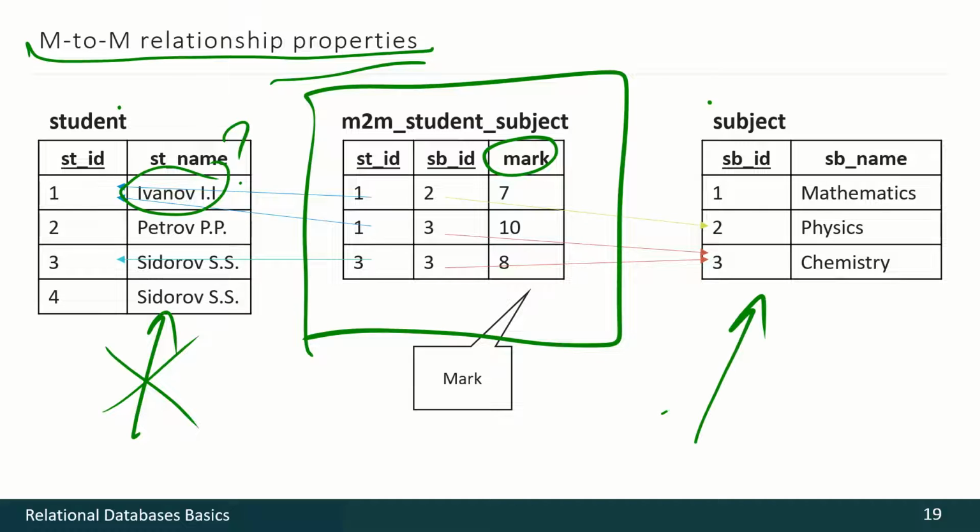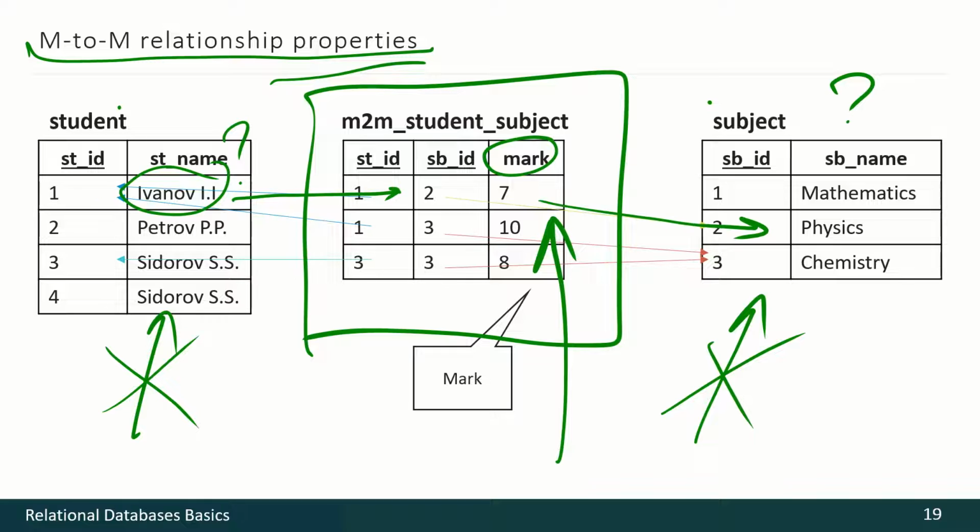We cannot put it here, because otherwise it would be some kind of a mark for the subject in general. But we can easily put it here. And so we may see that some Ivanov student was learning physics and got the 7 mark for that subject. So, with a many-to-many relationship, that property is stored in the association relation.